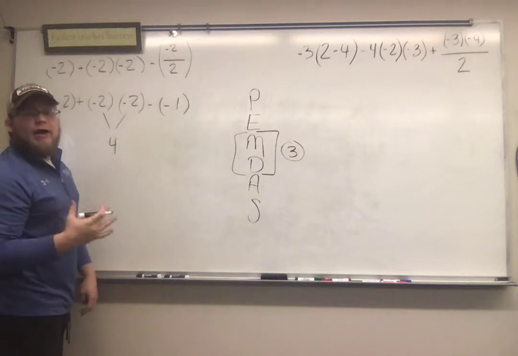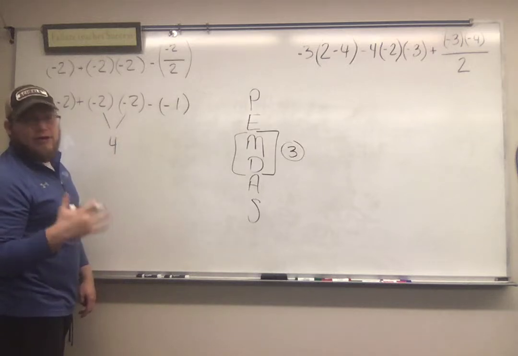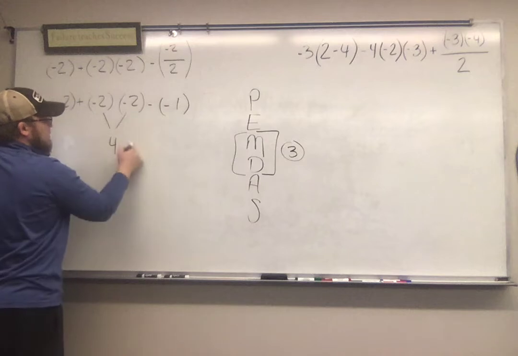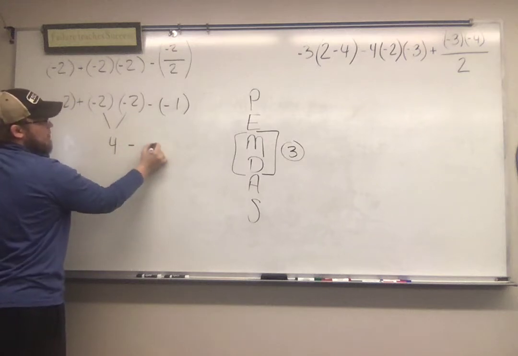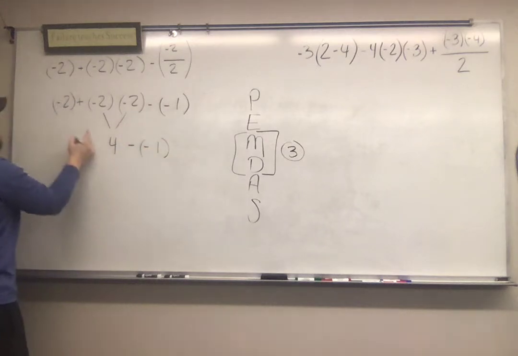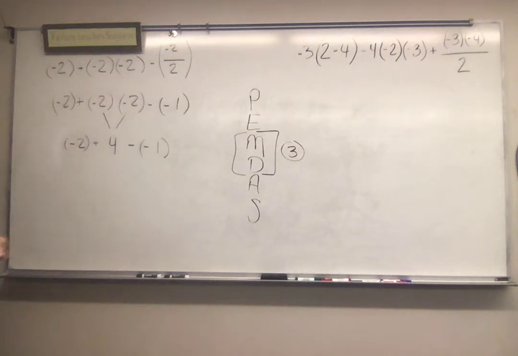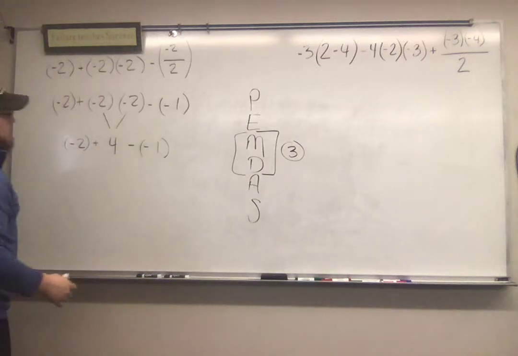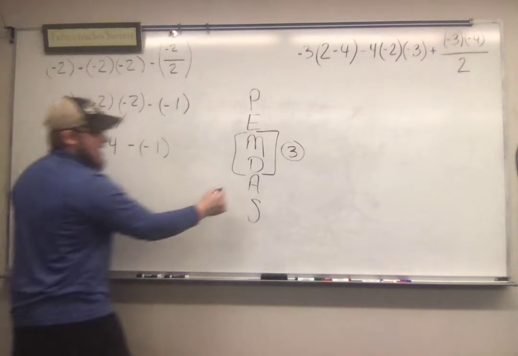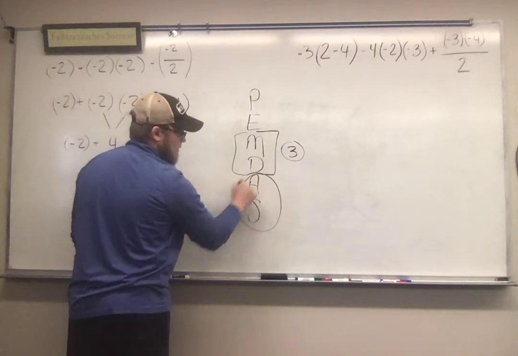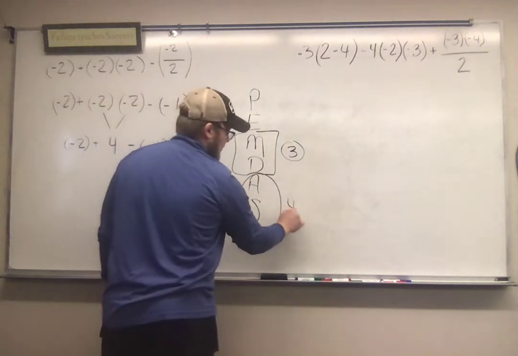Again, rewrite everything that you have not used. I have not used the negative, or the -1, or the plus and the -2. I have a new problem now, and here we start looking again. Which one, order of operations? Okay, well, remember, add and subtract are treated the same as well.